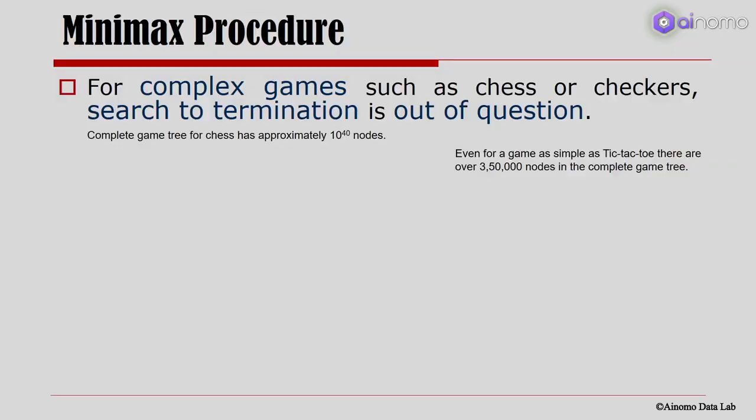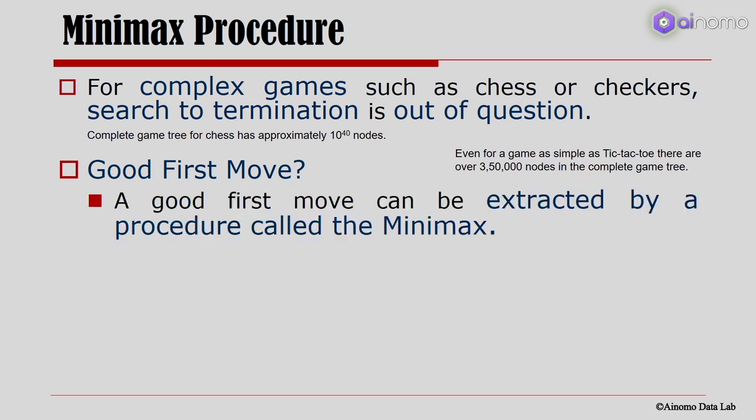Even a simple game like tic-tac-toe has 350,000 nodes in the complete game tree. Therefore, the question is how we can get to a good first move. The Minimax algorithm that we will discuss today is one that can extract a good move.